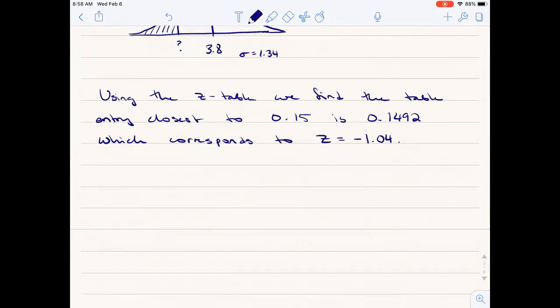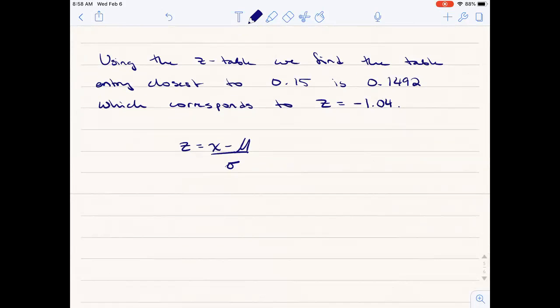Now we know what Z is. Z is x minus mu over sigma. We know mu and we know sigma, so now we can solve for x. So Z, which we're forcing to be negative 1.04, is x minus mu, which was 3.8, over sigma, which was 1.34.